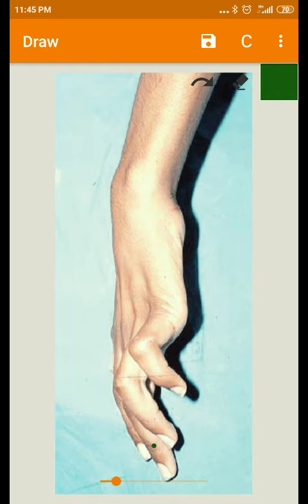So we have seen that maximum muscles in the hand are supplied by the ulnar nerve, isn't it? Third and fourth lumbricals, hypothenar muscles, and 8 interossei muscles, and one thenar muscle, and also the deep head of flexor pollicis brevis.